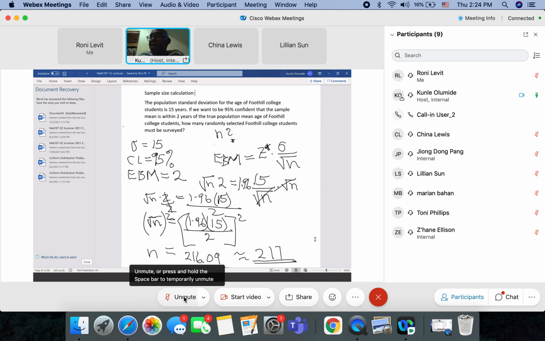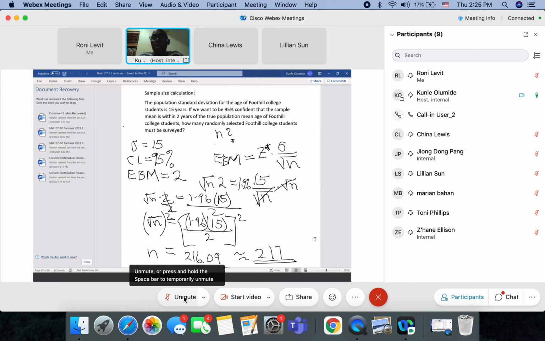So you add one more person, not a little bit of a person. For this type of calculation, you have to round up regardless of your decimal value.